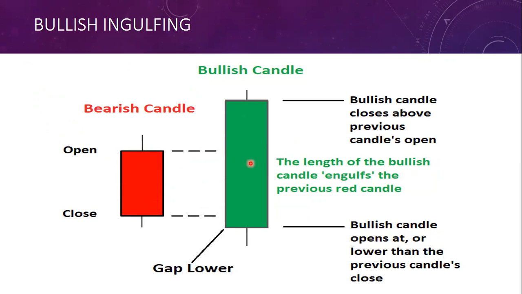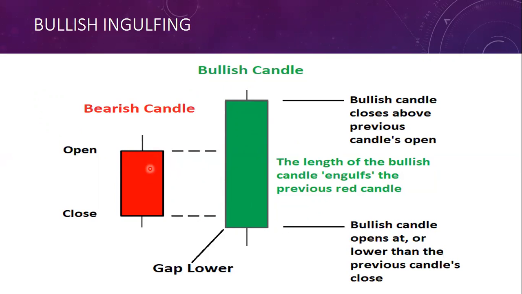And the second candle is a bullish candle, or up one, okay? A bullish candle. As you see here, the bullish candle closes above the previous candle's open. This candle is closing here, and this candle is open here.